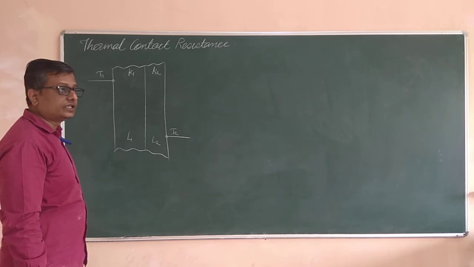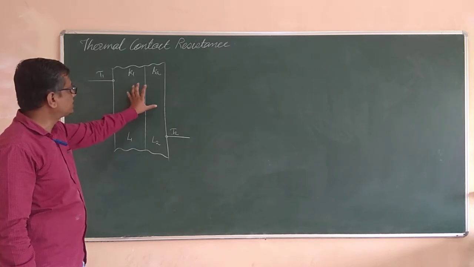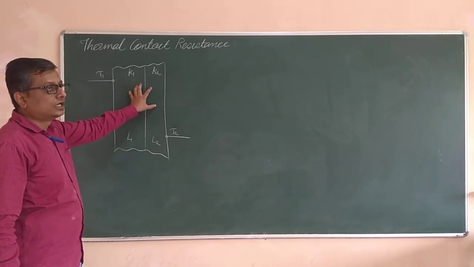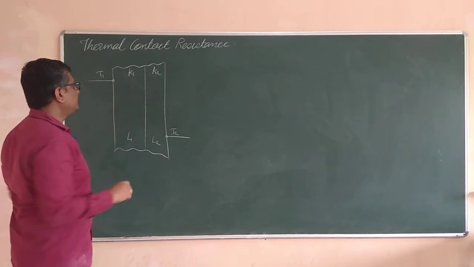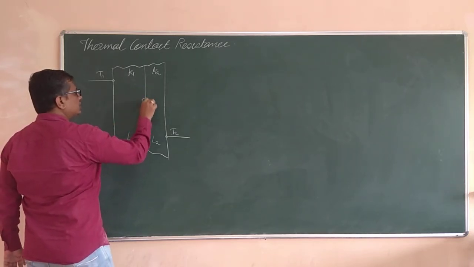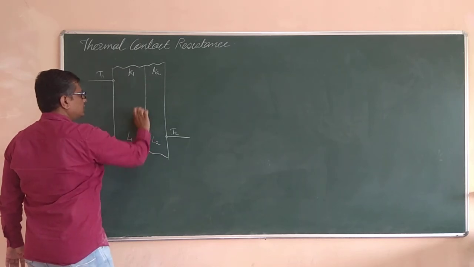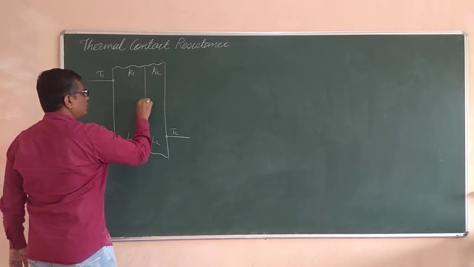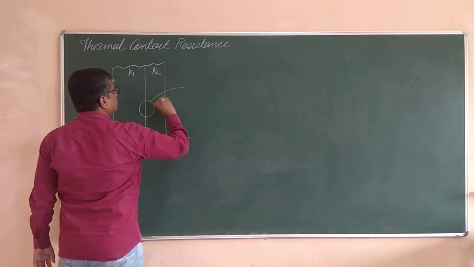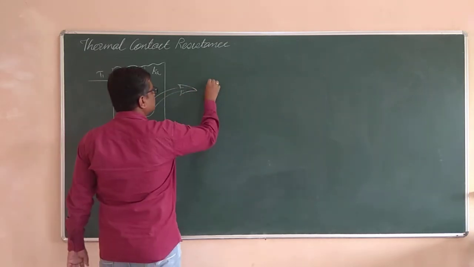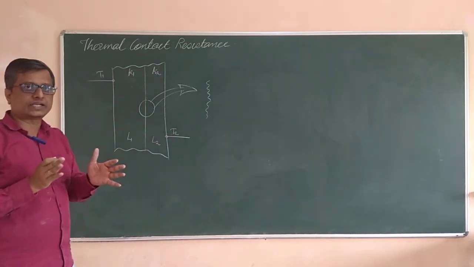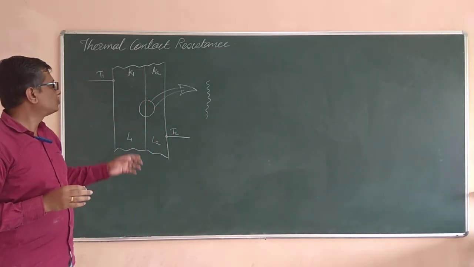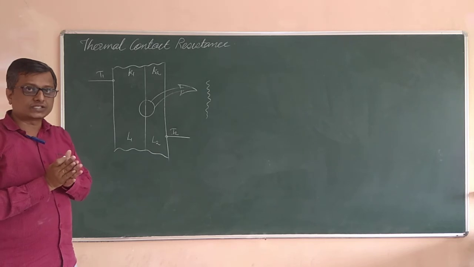But surprisingly, if these two sheets of different material are fitted by an external joint, and you look at the joint over here, you will find it to be something like this. No material is exactly flat and smooth, so there exist some irregularities on the surfaces.